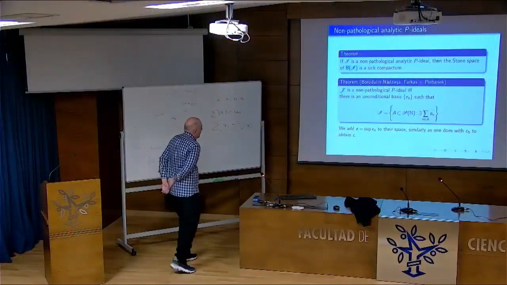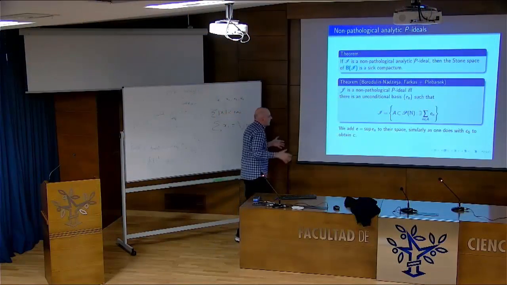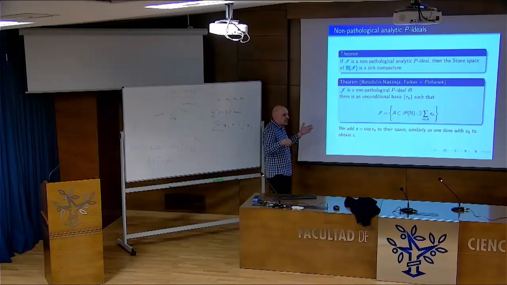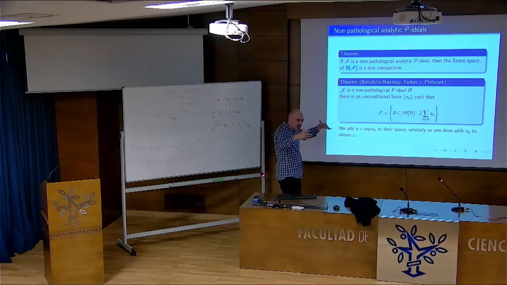Yes, the kind of things that we know, of course, it's natural to think that if you take for instance some ideal here that is still analytic and large, you could get to one of the Sick compacta. But actually, this is quite difficult to prove.